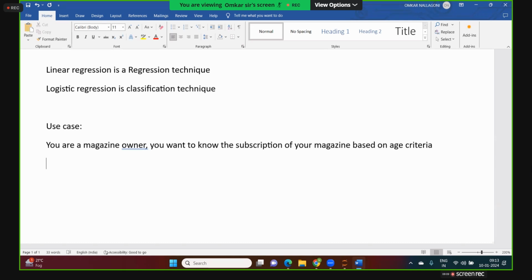So you are a magazine owner. You want to know the subscription of the magazine based on the age criteria.